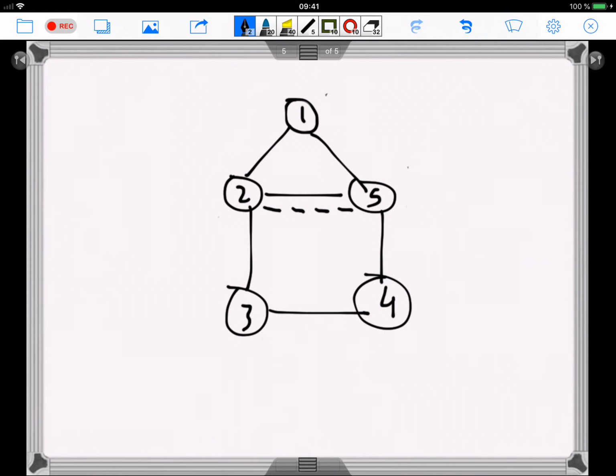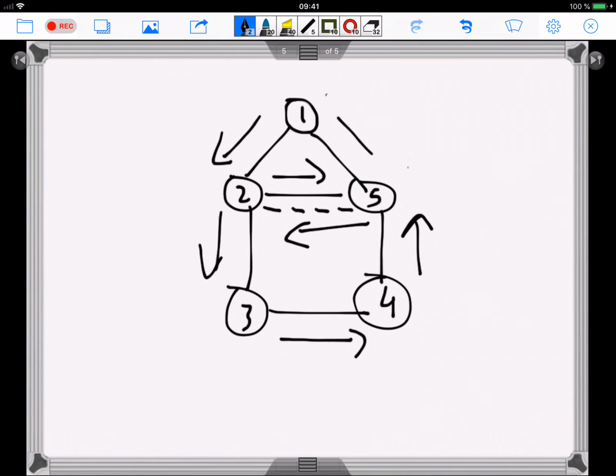And then we select, for instance, vertex number 1, and we go in this direction. We are going to select a cycle. Okay, so we can do something like this, then we go in this direction, then in this direction, and then in this direction.